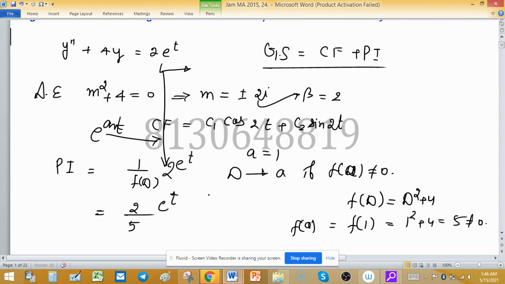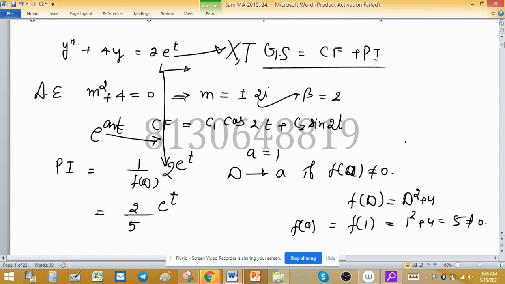So how to write a particular integral? First write, if this is a function of t, or sometimes you can say x, depending on the respective variable, either x or t.